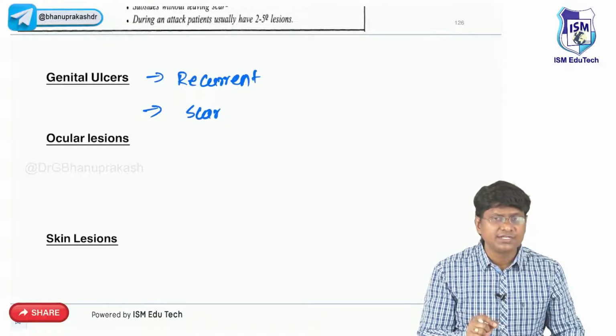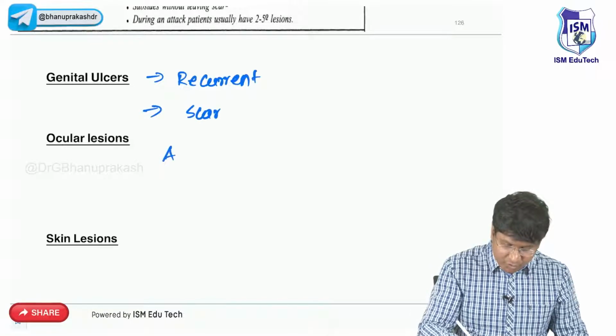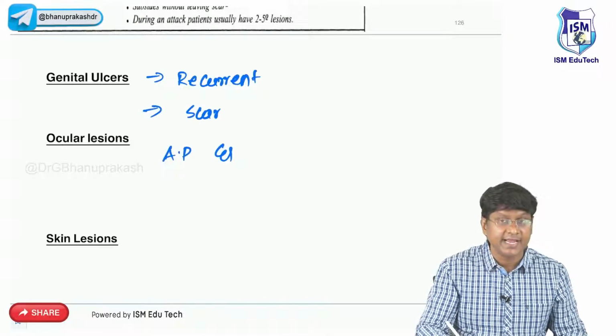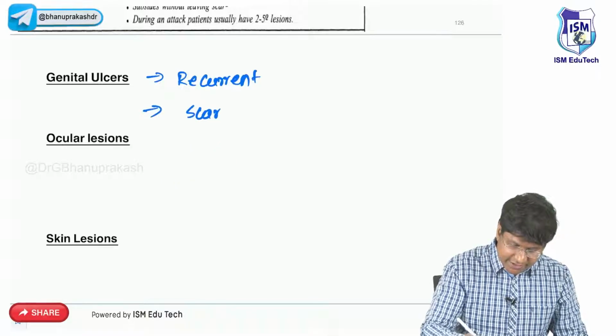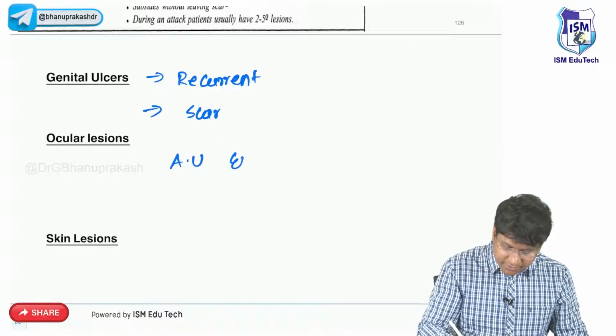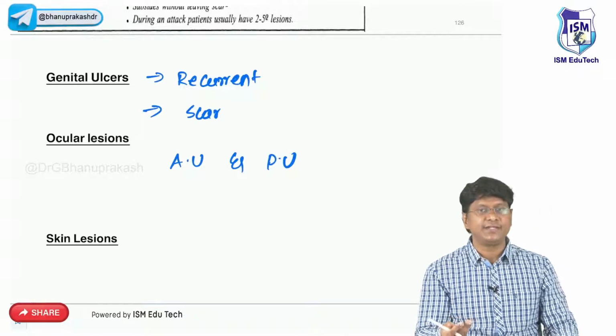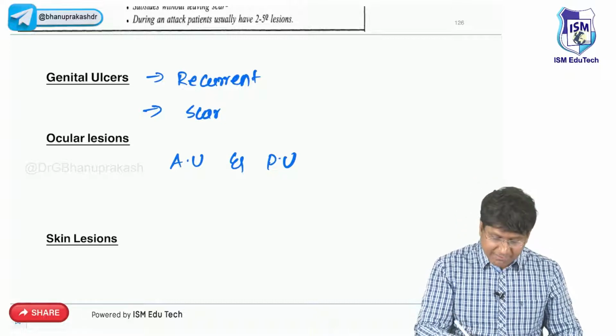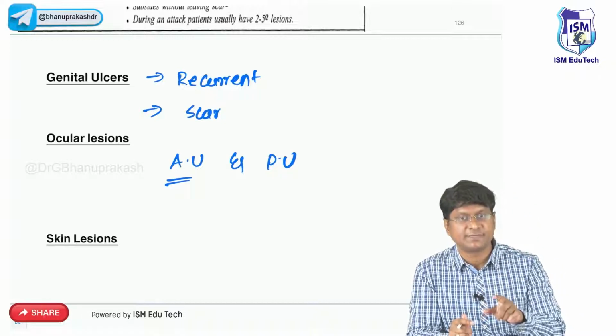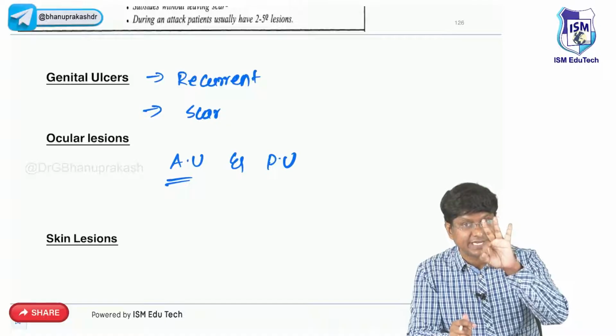What are the ocular lesions in Behcet's? You have the development of anterior as well as posterior uveitis. Because of this anterior uveitis or posterior uveitis, the individual can develop blindness. See, because of the anterior uveitis, what is the presentation? Anterior uveitis is associated with a triad.